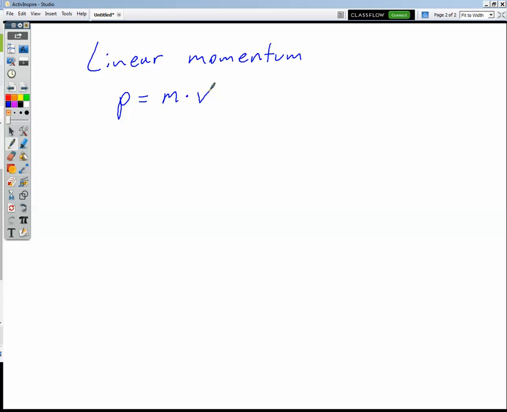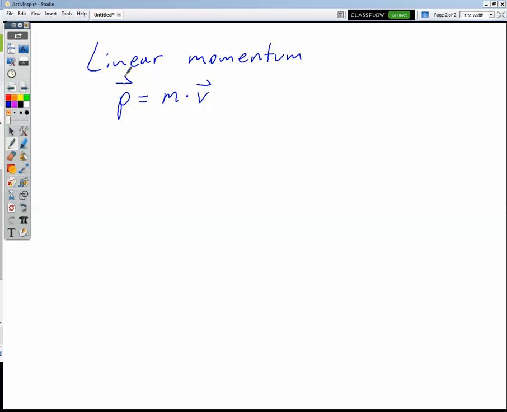And we see that we're multiplying a scalar times a vector quantity. So that means that linear momentum is a vector quantity, and we have to treat it as such. So if we're going to add linear momentums up, we need to add them vectorially using triangles or using components. For right now, let's just say everything's moving in one dimension.